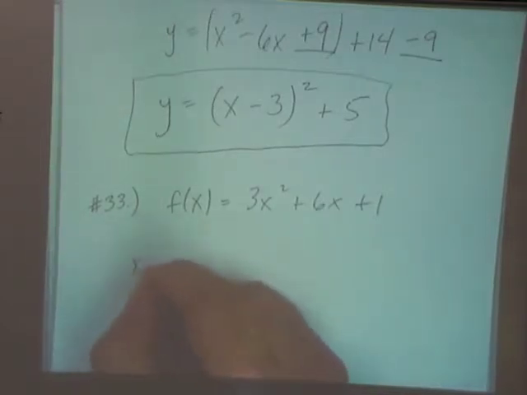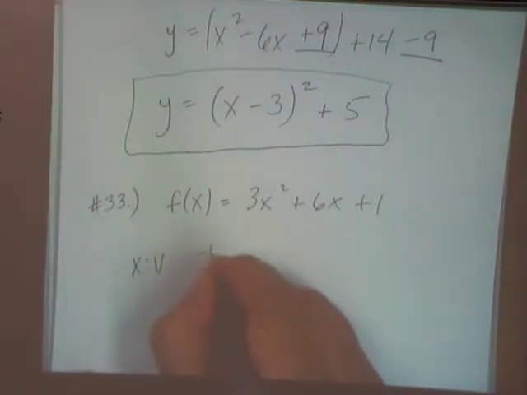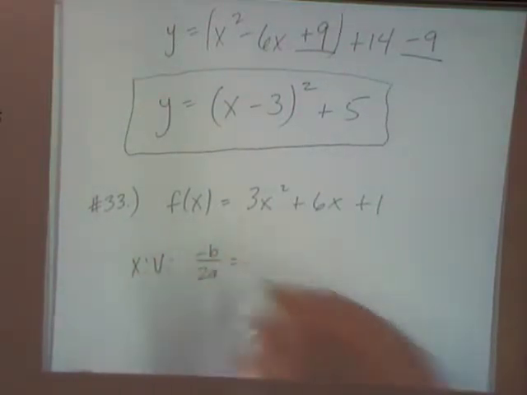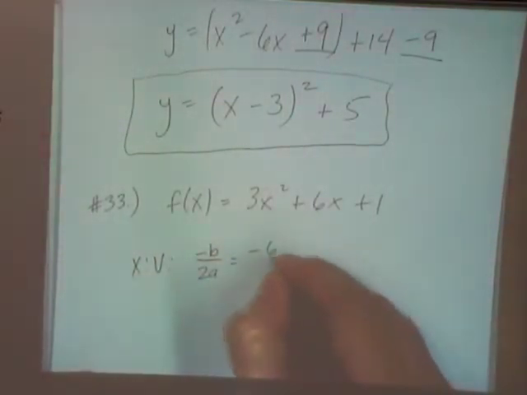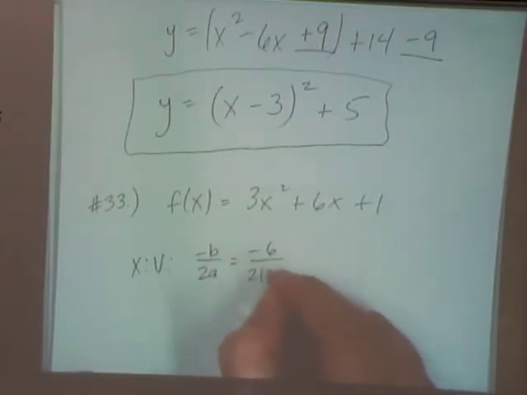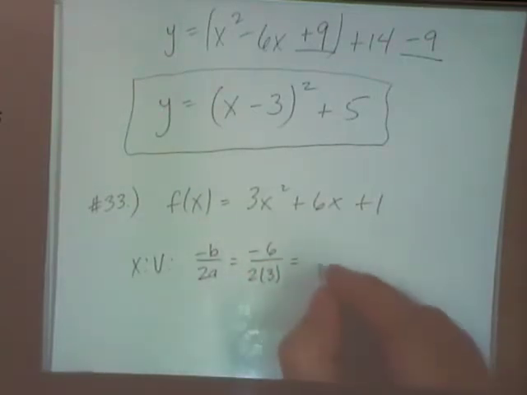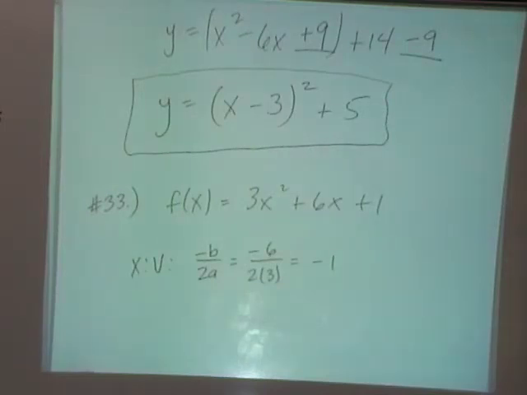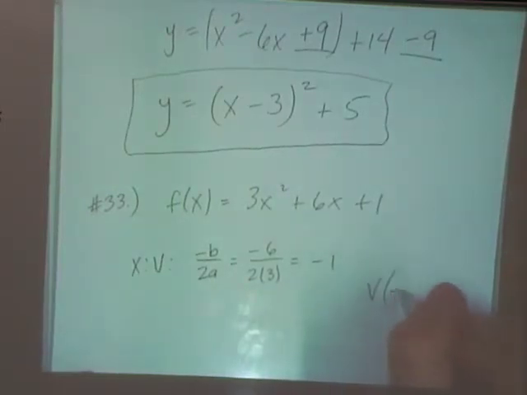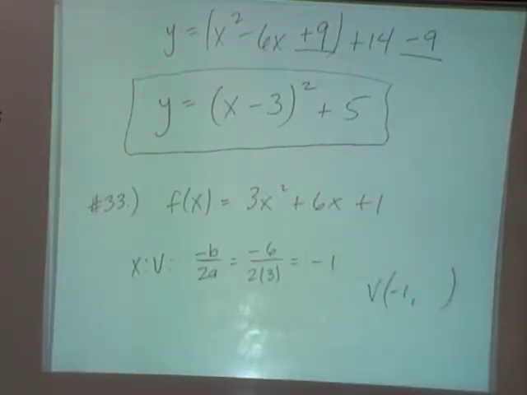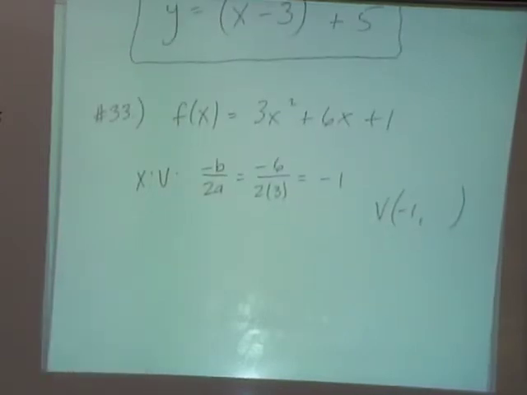So the x part of the vertex is equal to negative b over 2a. That's negative 6 over 2 times 3, so that's negative 1. So I know my vertex is negative 1 comma something. How do I find the other part?